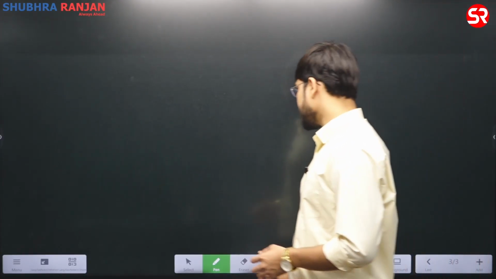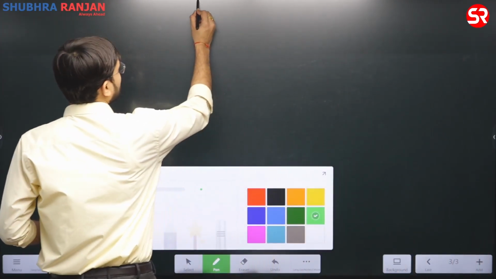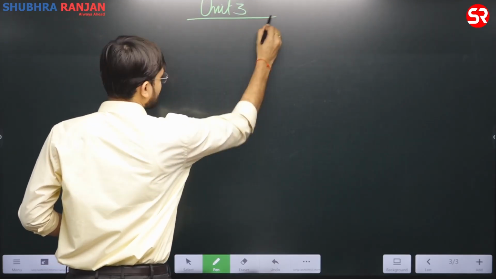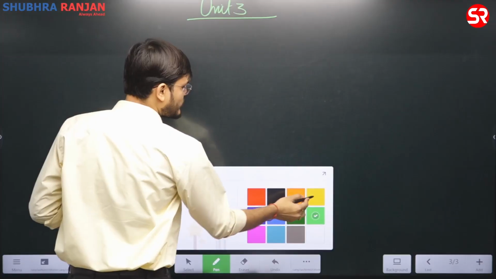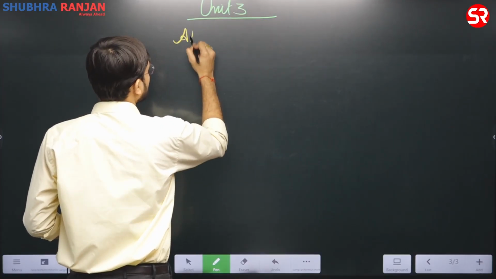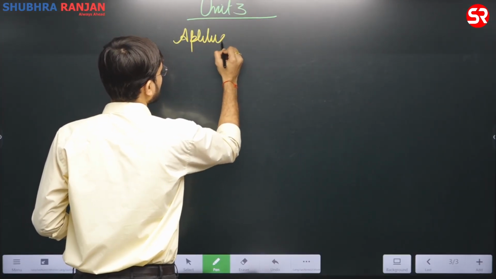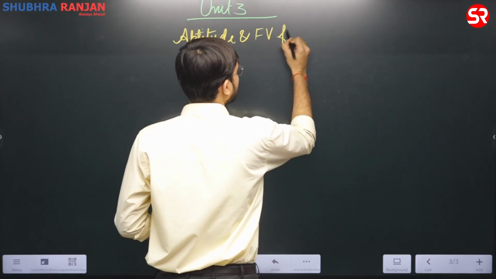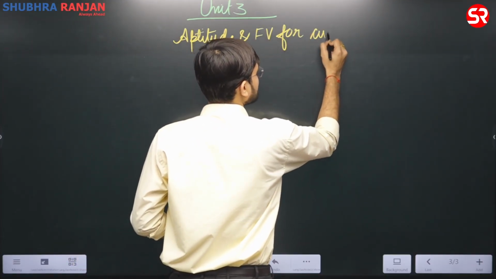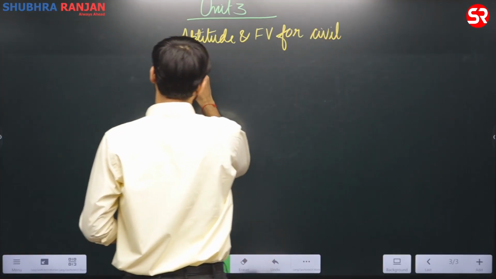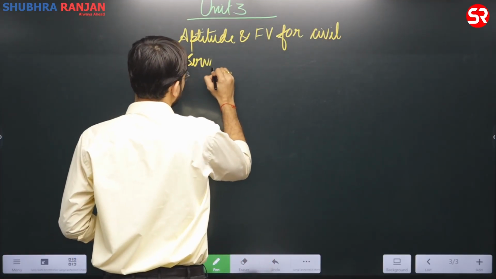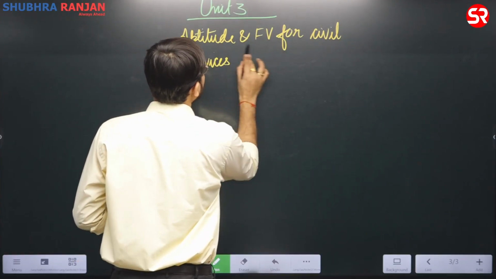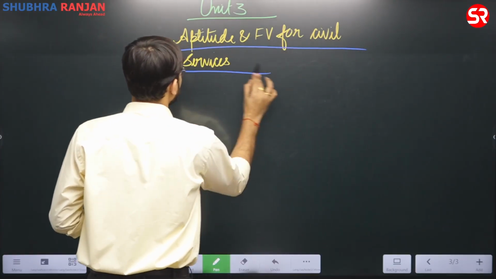Now let's see unit number 3. Unit number 3 is regarding aptitude and foundational values for civil services.